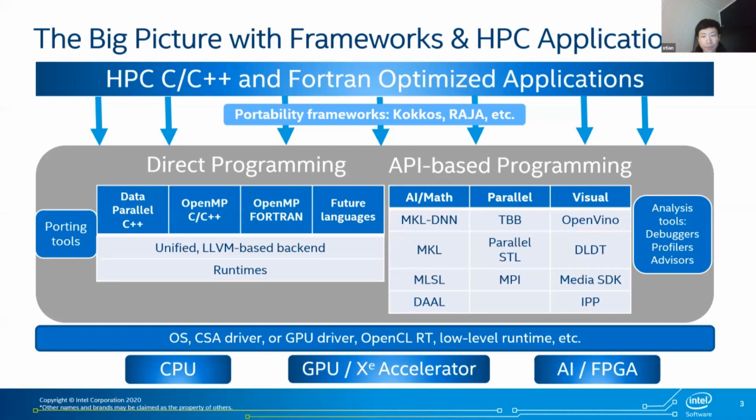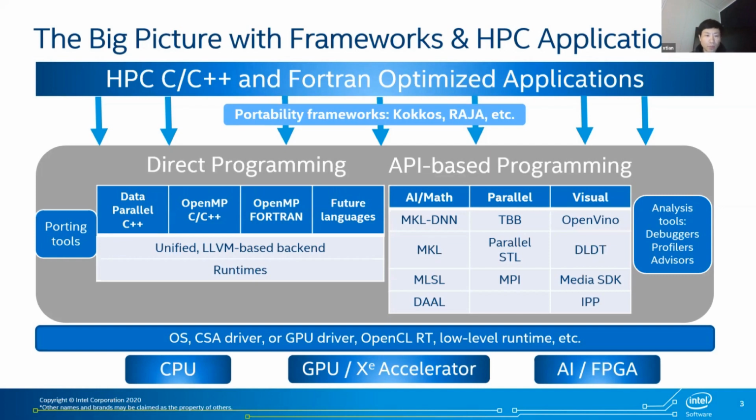Besides the language and compiler support, we also have a set of libraries provided by Intel across all areas, for example MKL, DNN library, TBB, OpenVINO, Parallel STL, MPI, and so on. Users can use all those libraries if they'd like better performance on Intel GPU and CPU hardware, or even FPGA. Some libraries you can use for FPGA.